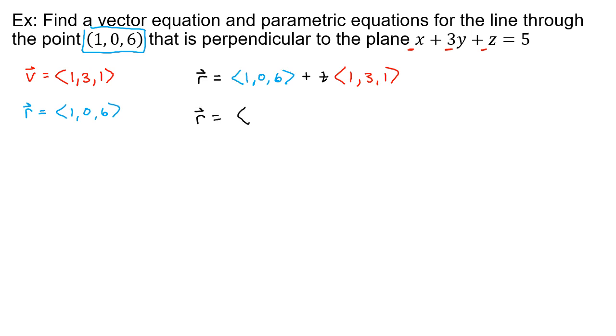I'll have 1t plus the 1 from the r0, sorry, I left the naught off. Then I'll have 3t, but I have a 0 in the r0, so I don't add anything to it. And then the 1t, and then plus 6.